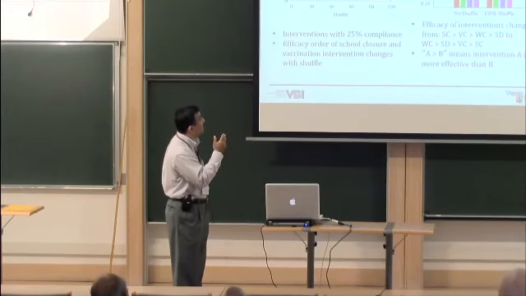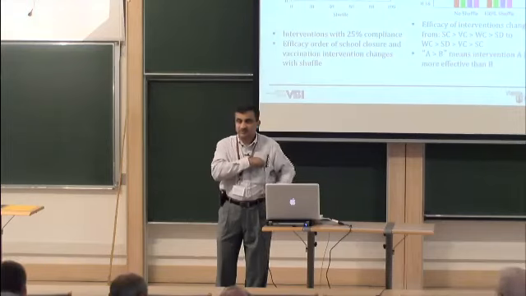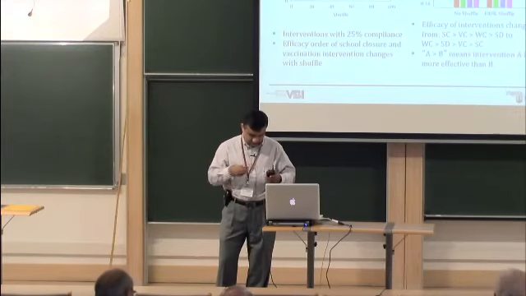The left side is a result which has no shuffles, which means you start with the network representation we had, and it tells you how you get different efficacies from interventions: school closures, vaccinations, work closures, social distancing, and how the ordering of these things changes as shuffling is done. I'll stop here in the interest of time and take questions.